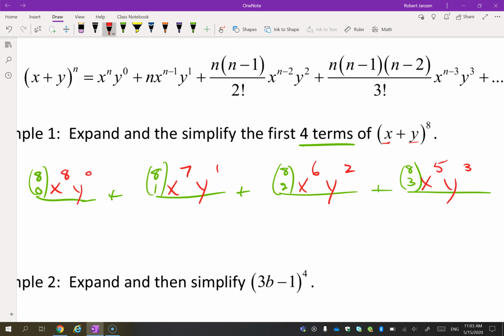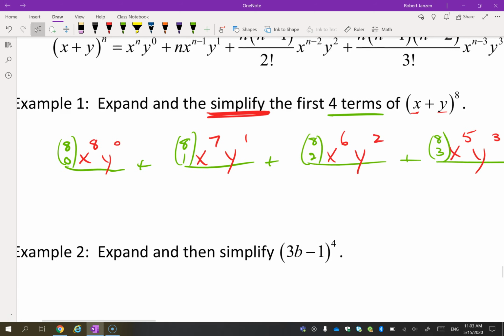Okay, so that's expanding. Now we're supposed to simplify. Okay, and so you're going to go 8 choose 0. I know that's 1. x to the 8. y to the power of 0 is just 1. I don't have to write that. Plus, what's 8 choose 1? That's 8. x to the 7, y to the 1. And then what's 8 choose 2?